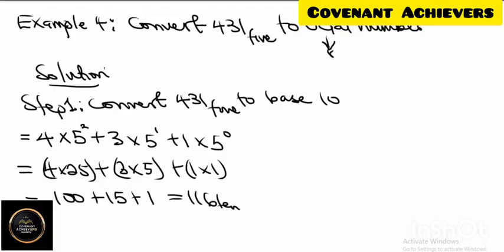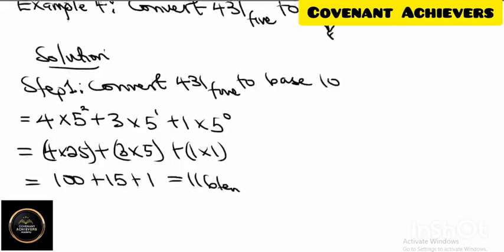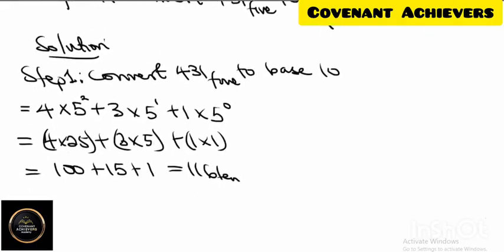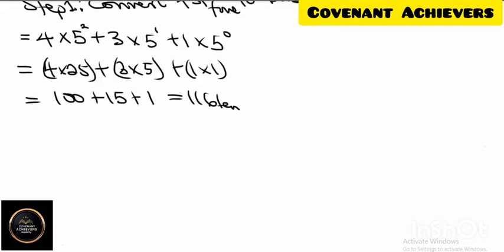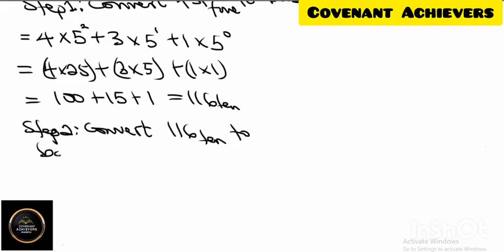Now that you have it in 116 base 10, and you want to convert the number to base 8, we are going to convert. So step 2 is we are going to convert 116 base 10 to base 8.